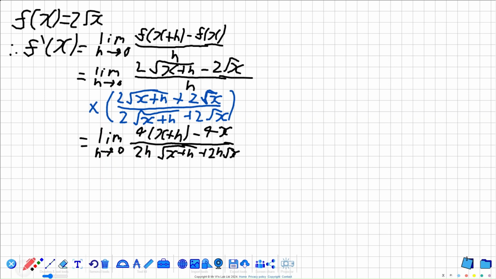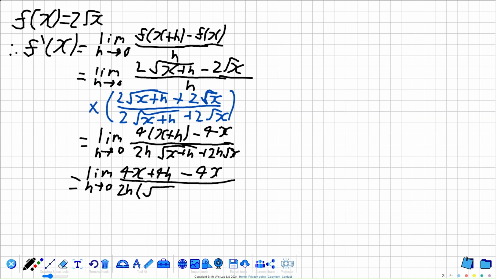And then what I'll do first is I'm just going to evaluate it in a way that's a bit more presentable, and we can do a little bit more with. So we've got the limit as h approaches 0, we'll just evaluate this top one, so we'll have 4x plus 4h minus 4x, and then we'll have 2h, and I've just taken this common, then root of (x plus h), then plus root x, like that, and close off the bracket.